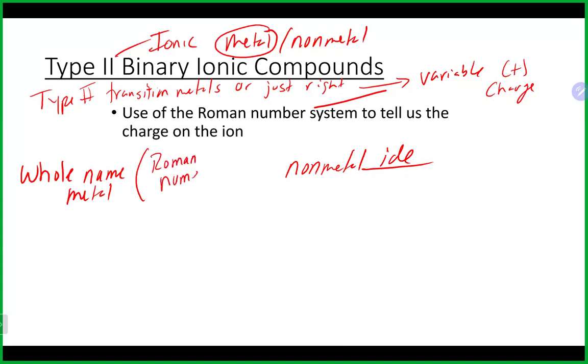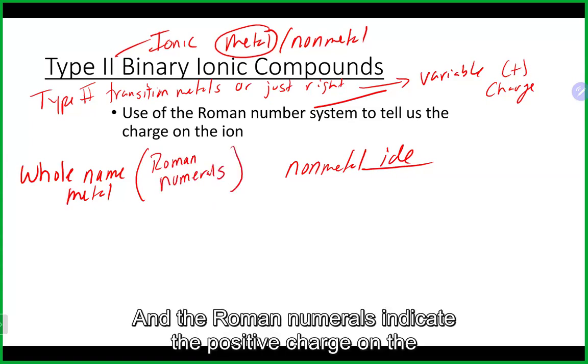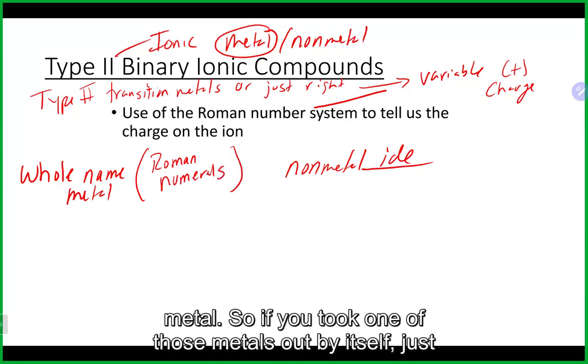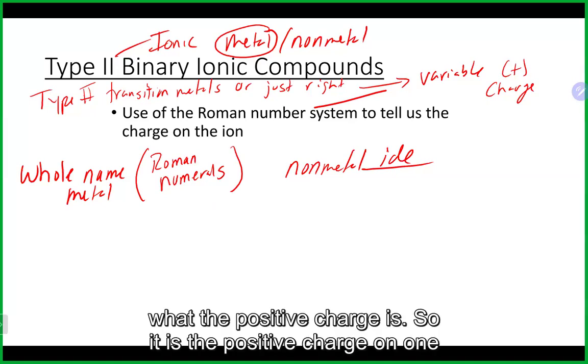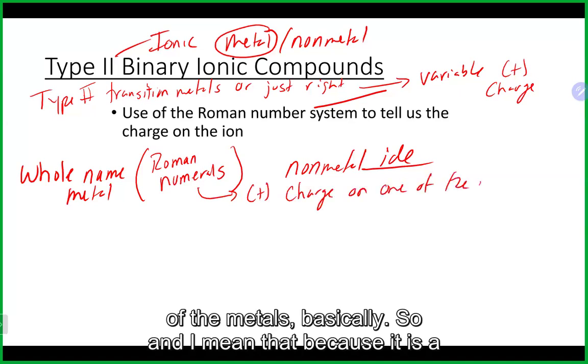And the Roman numerals indicate the positive charge on the metal. So if you took one of those metals out by itself, just one metal, not the total charge, what the positive charge is. So it is the positive charge on one of the metals, basically.